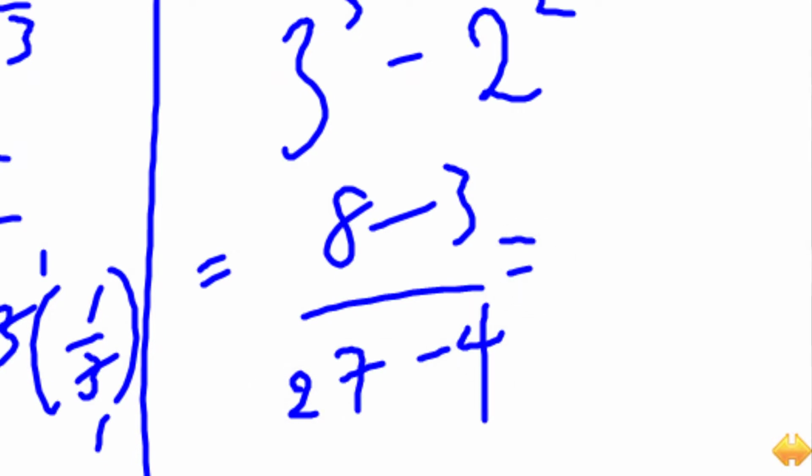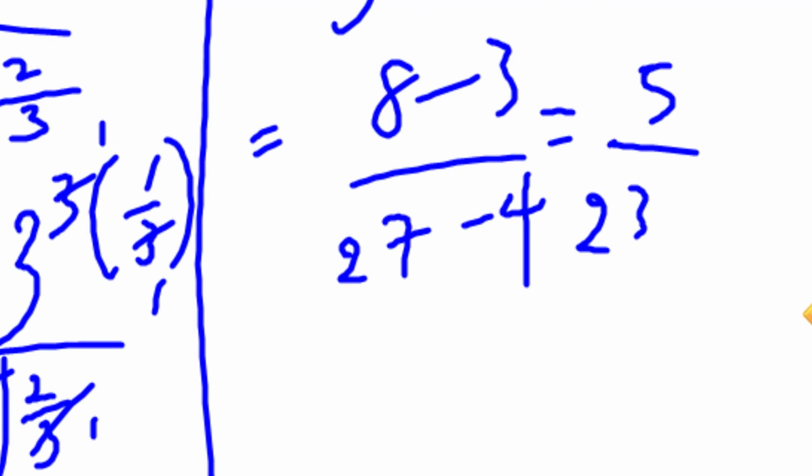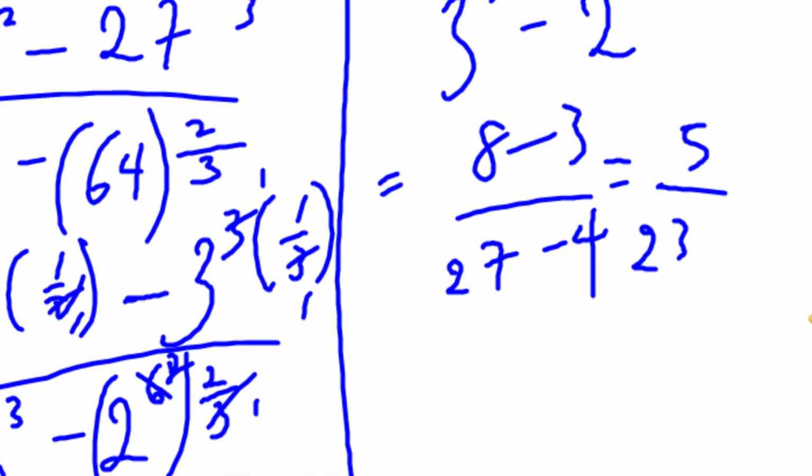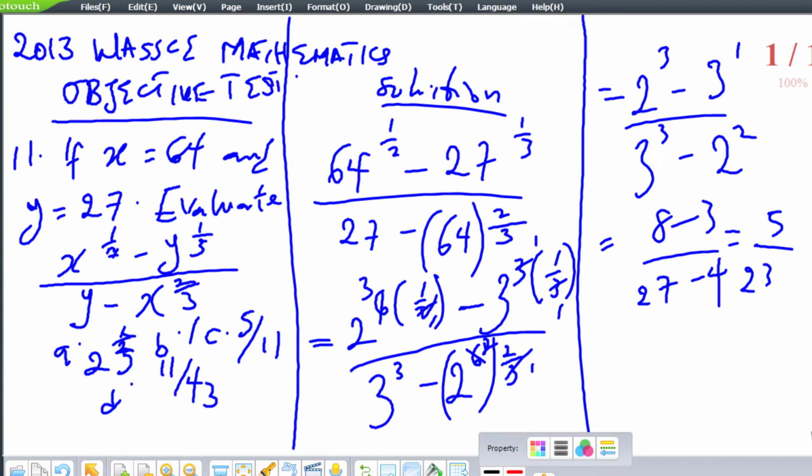So our initial answer is going to be 5 all over 23.